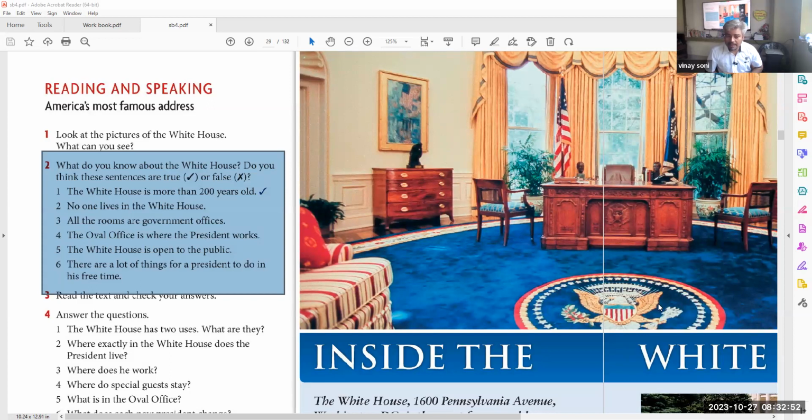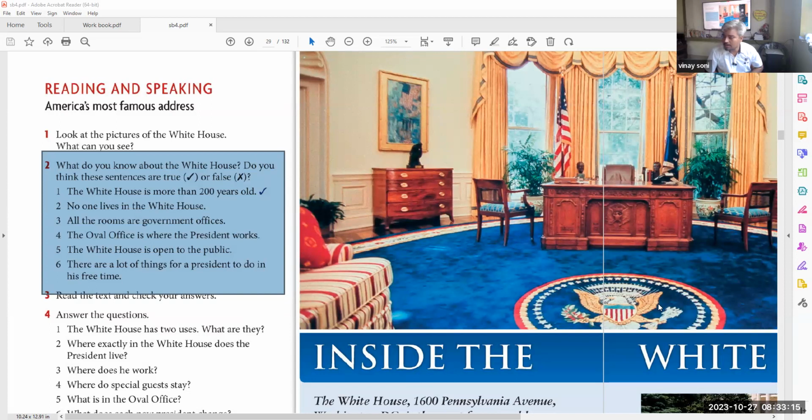The Oval Office is where the president works. Any idea? What do you think?